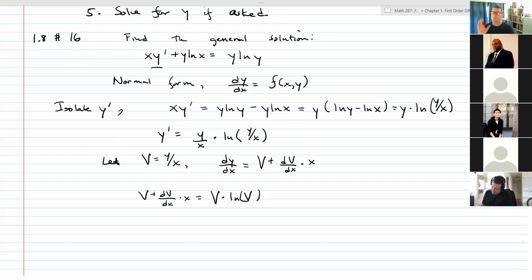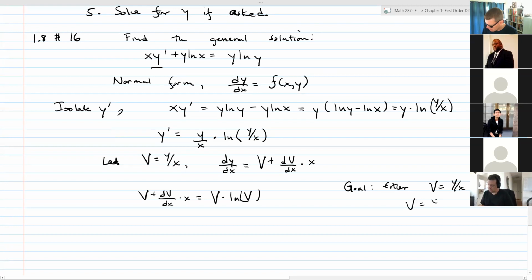So we can either divide through by powers of x, or we can divide through by powers of y. If we divide through by powers of y, then we're going to end up with v equals x over y instead of v equals y over x. So your goal is either v equals y over x or v equals x over y, one or the other.